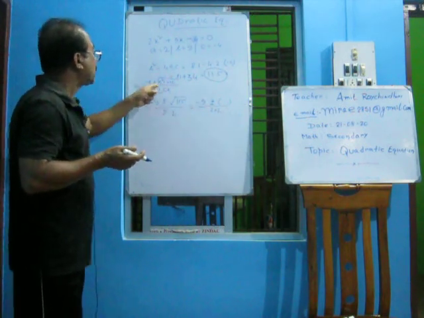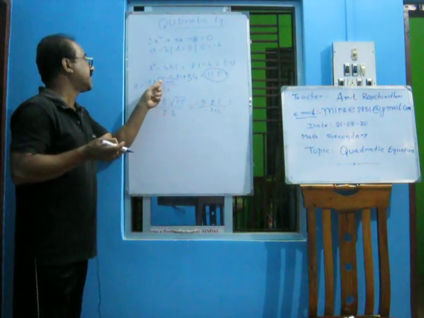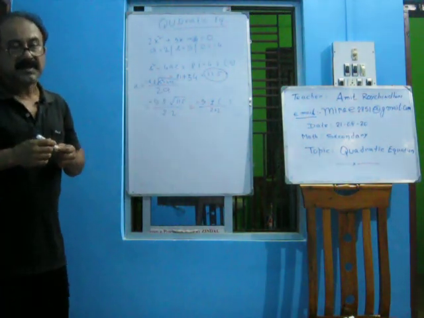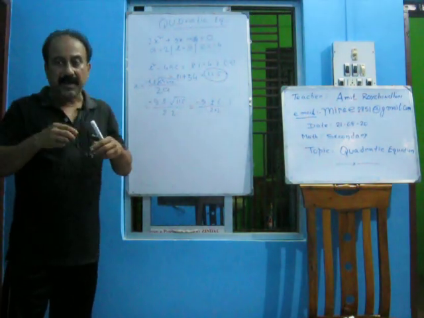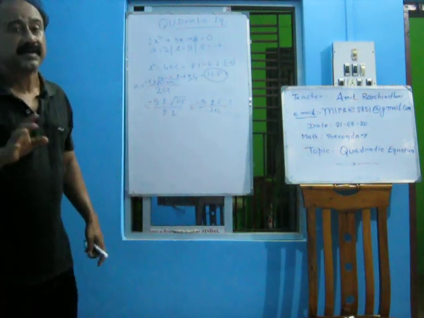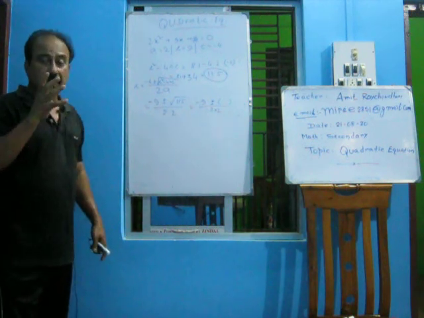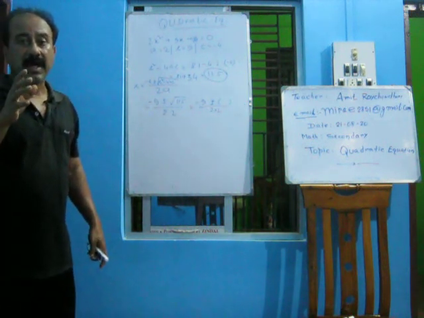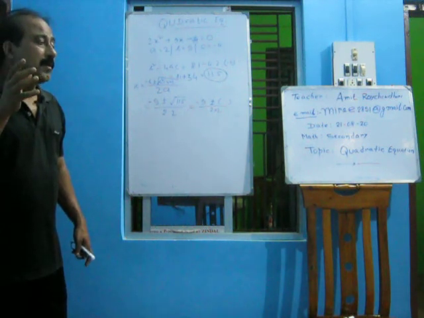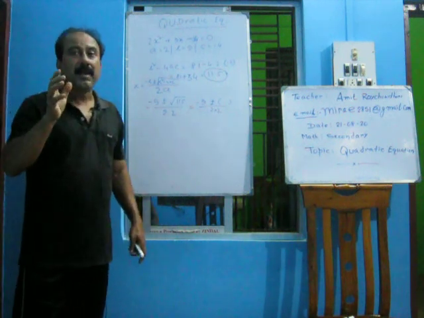So b square minus 4ac, I am emphasizing, students must check it. Again I am repeating, if b square minus 4ac is equal to 0, then the results will be equal and real.